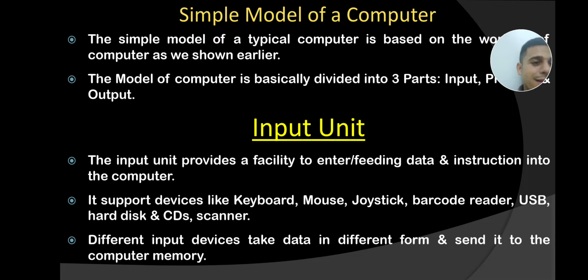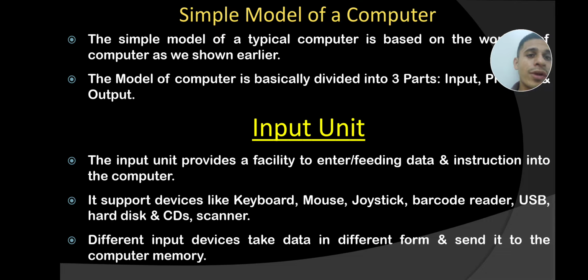Different input devices take different data in different forms and send it to the computer memory. As I told, every different device will accept a different kind of input from the user. For example, the keyboard will accept input in the form of alphabets and numbers. The mouse will accept input in the form of a pointing device. The joystick also works like that.